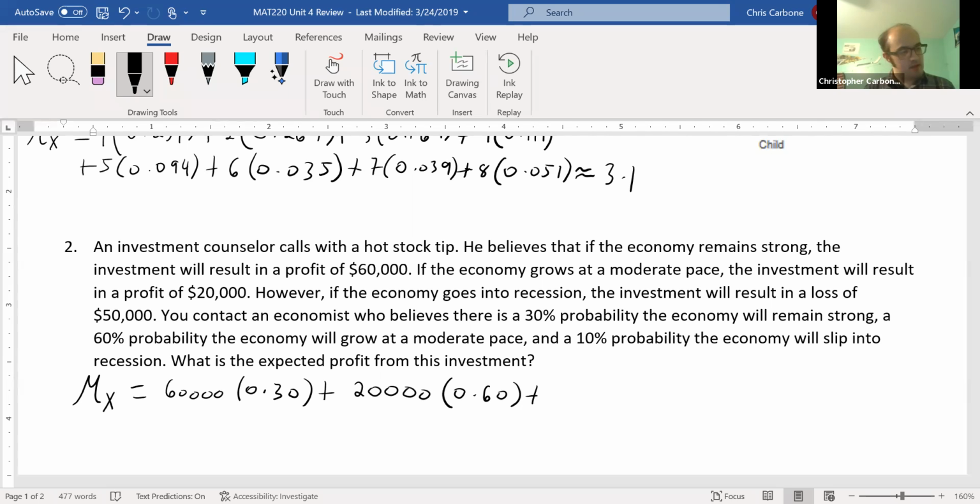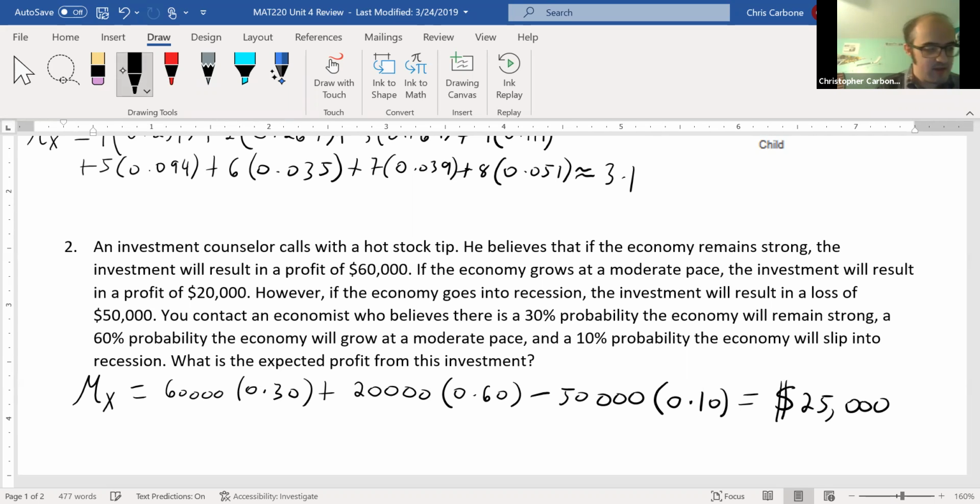Plus, well, I should probably write this as a minus now, since we're talking about a loss, minus $50,000 due to the loss if the economy is in recession, and that probability is 10%. If we toss this into a calculator, we get $25,000 as the expected profit from this investment.